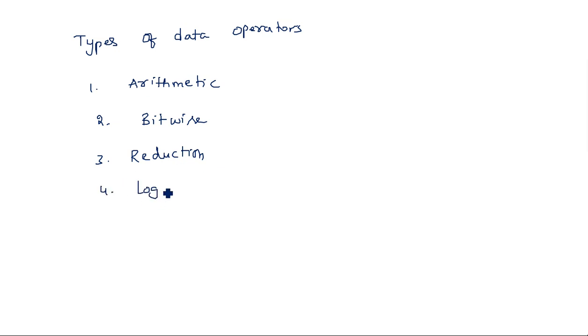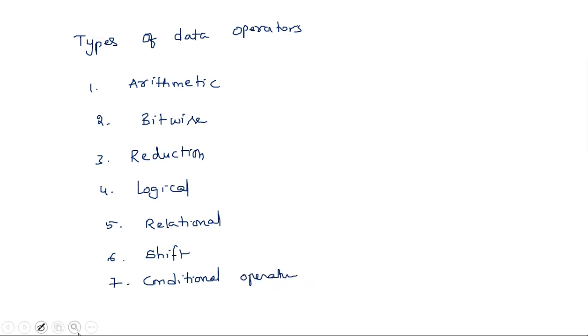Fourth, logical. Fifth, relational operators. Sixth, shift operators, shift right and shift left. Seventh, conditional operators. And the last one, concatenation, which is nothing but joining data.